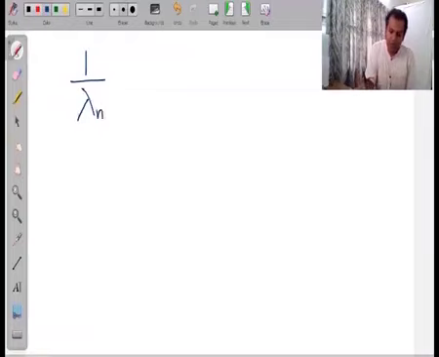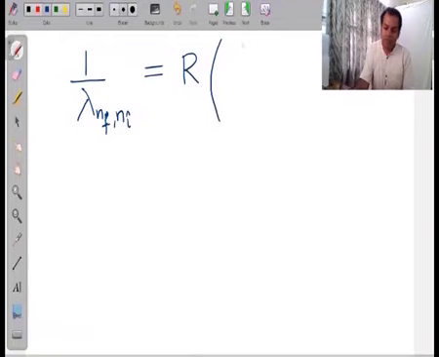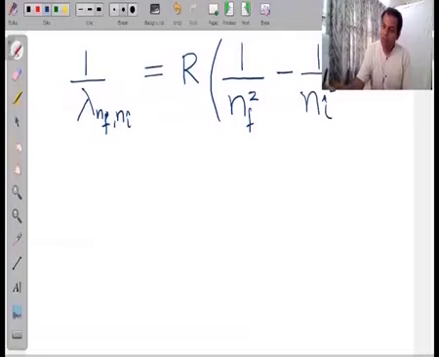So I would write for that the general expression, where n_f and n_i are subscripts identifying the final state and the initial state associated with the transition, is equal to the Rydberg constant with... let me help you see this part.